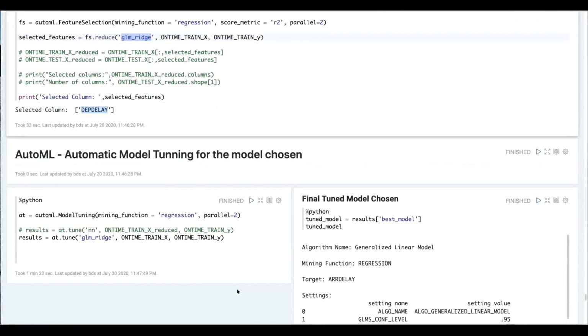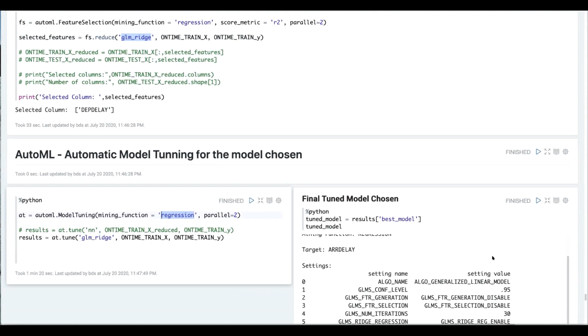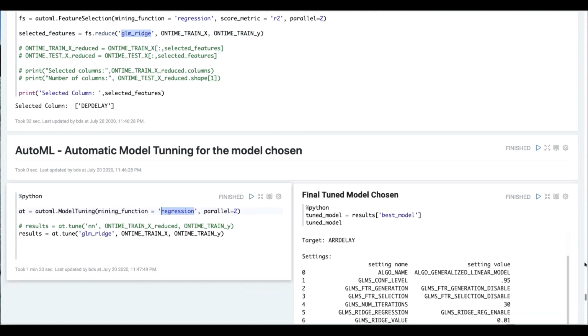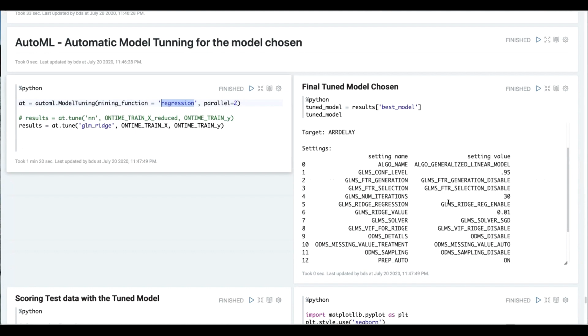So now I'm going to add a tuning. I'm going to take that GLM Ridge and say, okay, I would like to tune that for regression. So please tune that model for me, and find what are the best settings that model should have. So I'm running that. It's going to run the ridge regression, get the best ridge value possible, and find whatever solver helps.